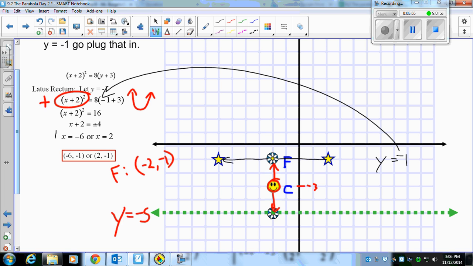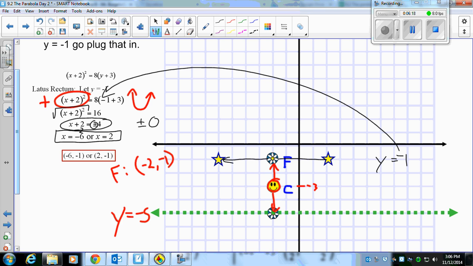Notice, unlike my latus rectum points before, when the parabola was centered at the origin and everything was symmetric so you always got a plus and minus answer, now it's not always symmetrical. You take the square root and get plus or minus 4, then subtract 2 from both sides.